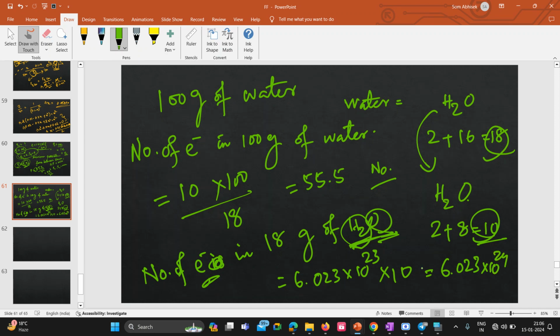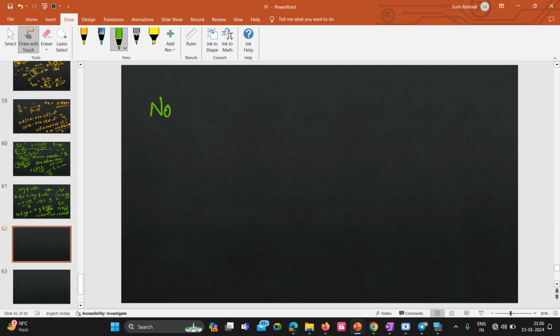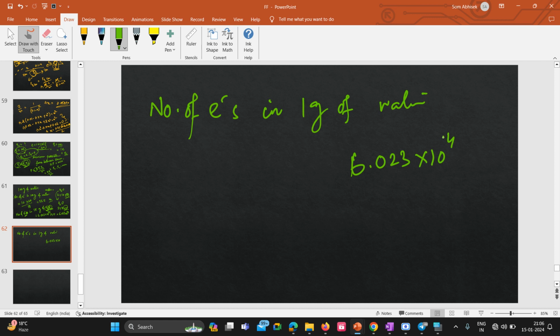Okay, this one. Now the number of electrons in 1 gram of water is the one we got divided by 18.